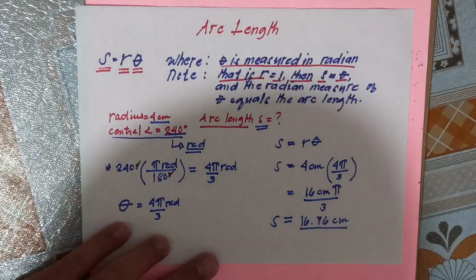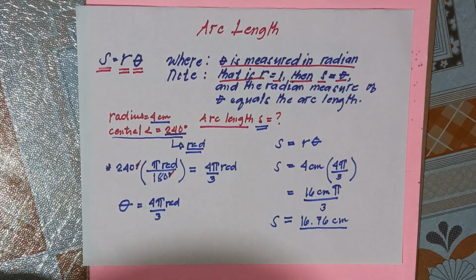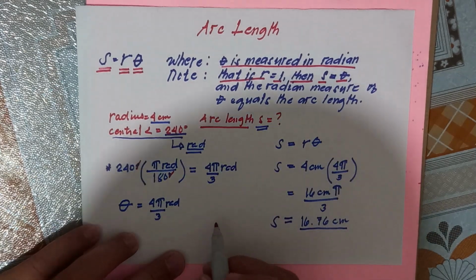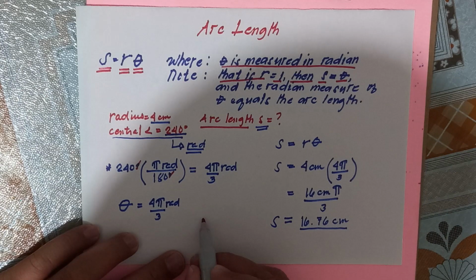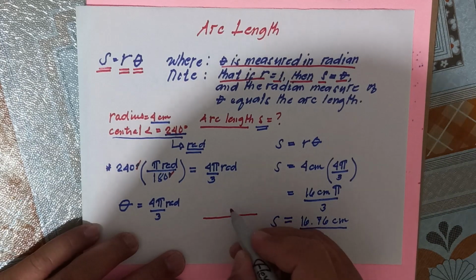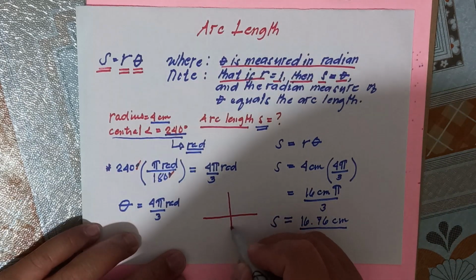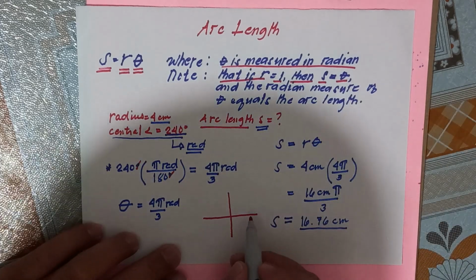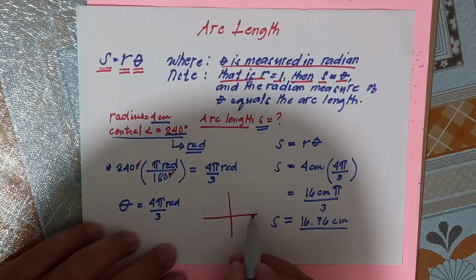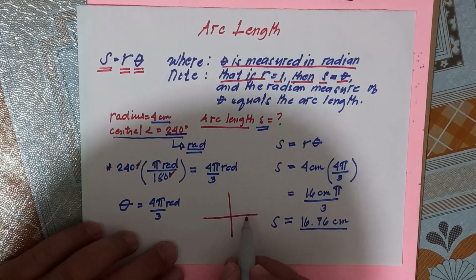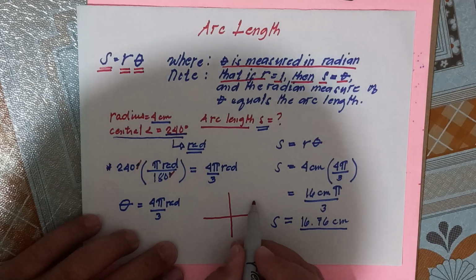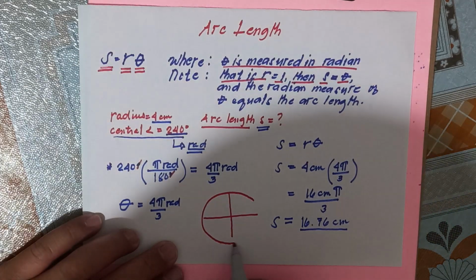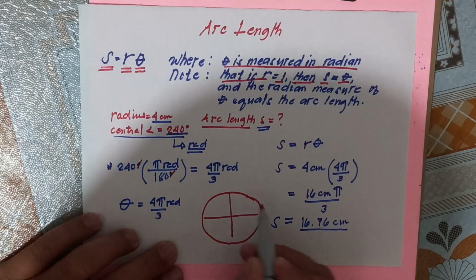If we are going to illustrate, we can also draw this one. We have here a circle. Bear with me with my circle.